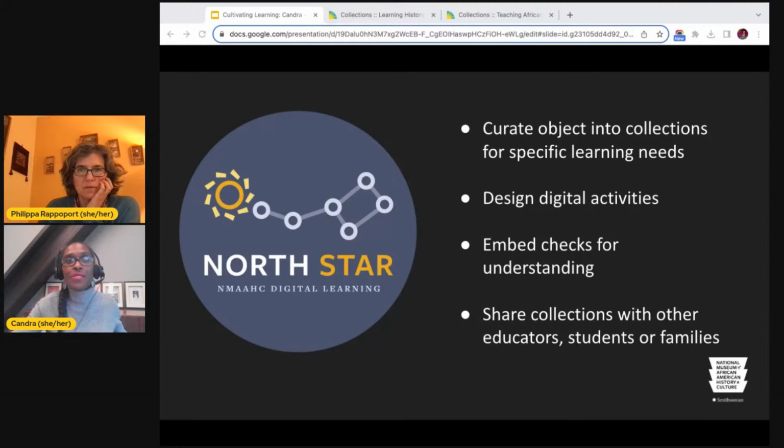So, what kind of things will you find in the North Star Project? It's an opportunity to put objects and curate objects into collections for specific learning needs. It's an opportunity to design digital activities, as well as an opportunity which is embedded in the platform itself. Which I think, if you're an educator out there, is a great feature of this learning lab, that you have an opportunity to embed checks for understanding, short and sweet checks that can go at different checkpoints along the way.